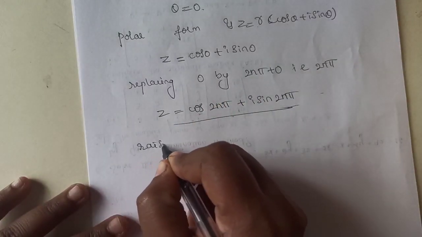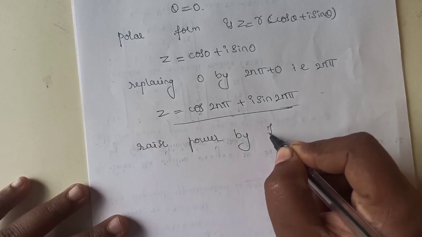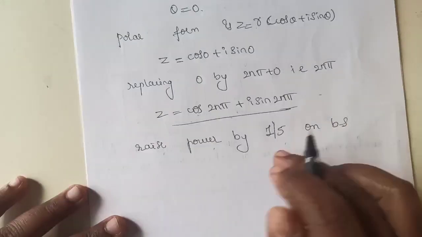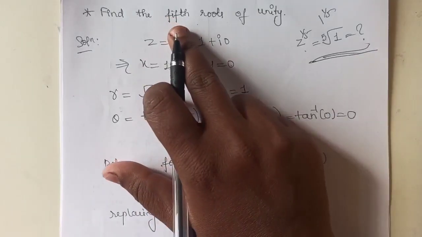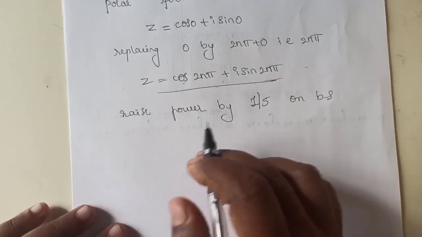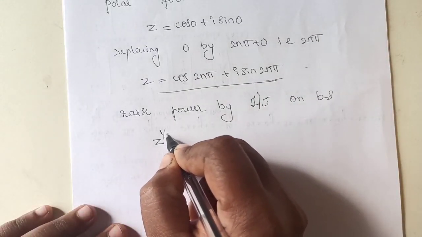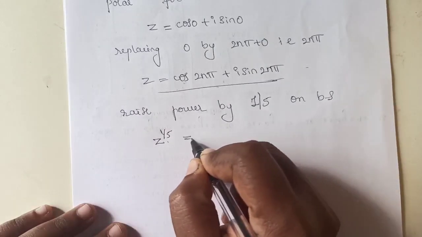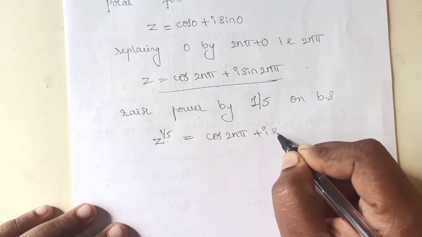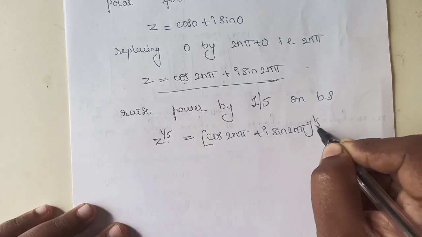We consider this as equation 1, and we raise the power 1 by 5 on both sides. Why do we raise 1 by 5? Since we want the fifth root of unity, that is z power 1 by 5, we raise the power 1 by 5 on both sides. We get z power 1 by 5 equals (cos 2n pi plus i sin 2n pi) power 1 by 5.